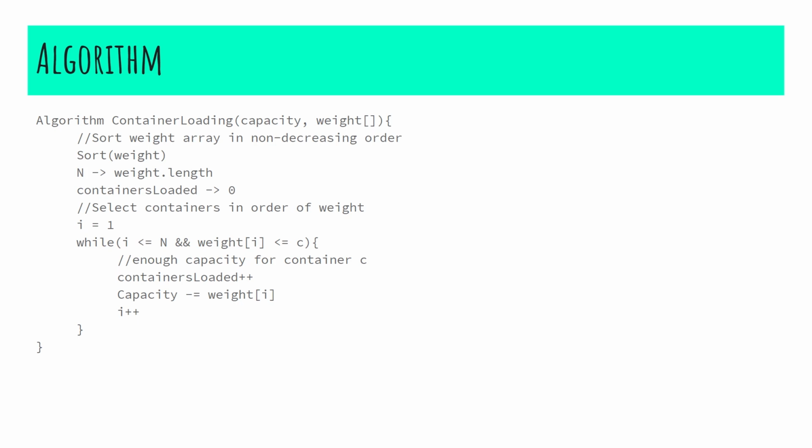And then we are going to initialize a variable called n with the length of the weight array, and initialize the containers loaded variable to 0. Let's set i to 0 and then start iterating till we reach the end of the weight array, or until the weight is less than the capacity.